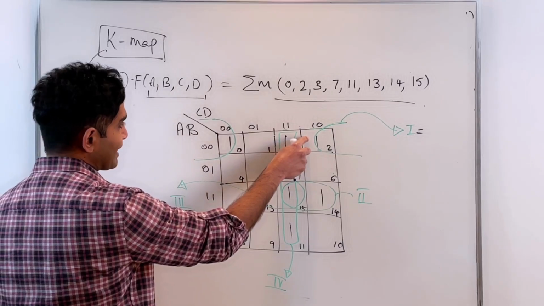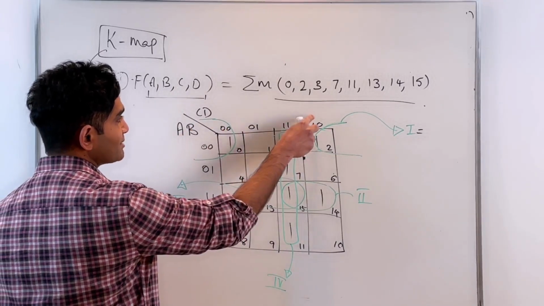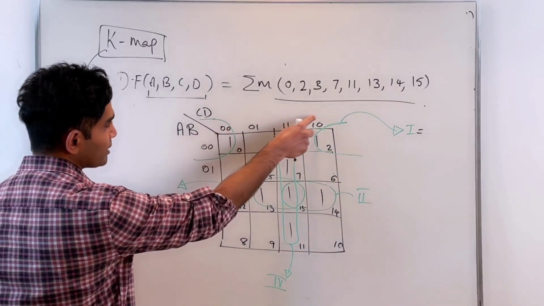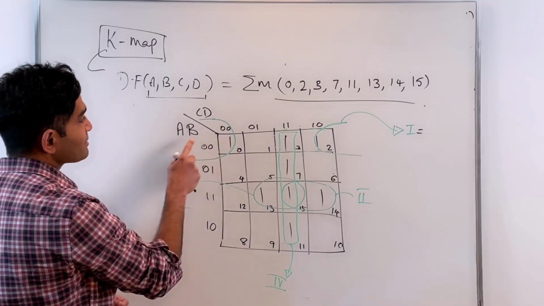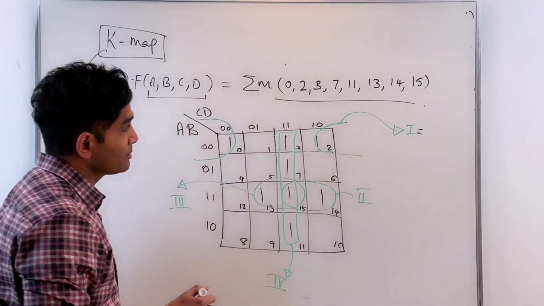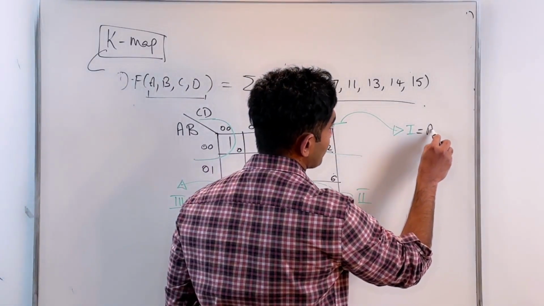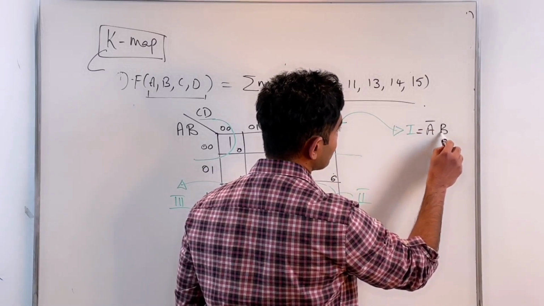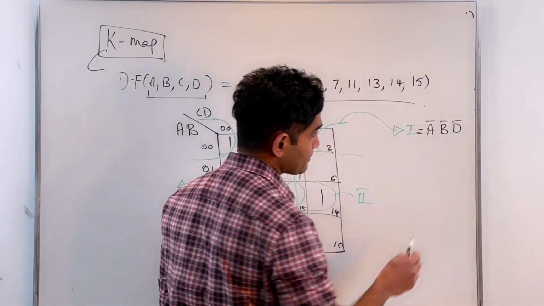The min term corresponding to that cell will be a prime, b prime, c, d prime. So c is the one that changes from 0 to 1. What remains is a prime, b prime, d prime. So the product term for this combination will be a prime, b prime, d prime.